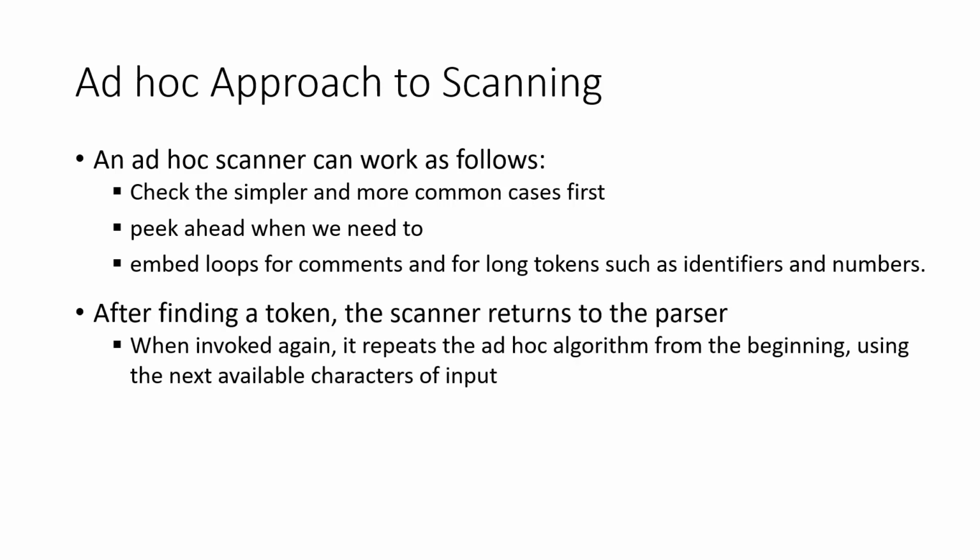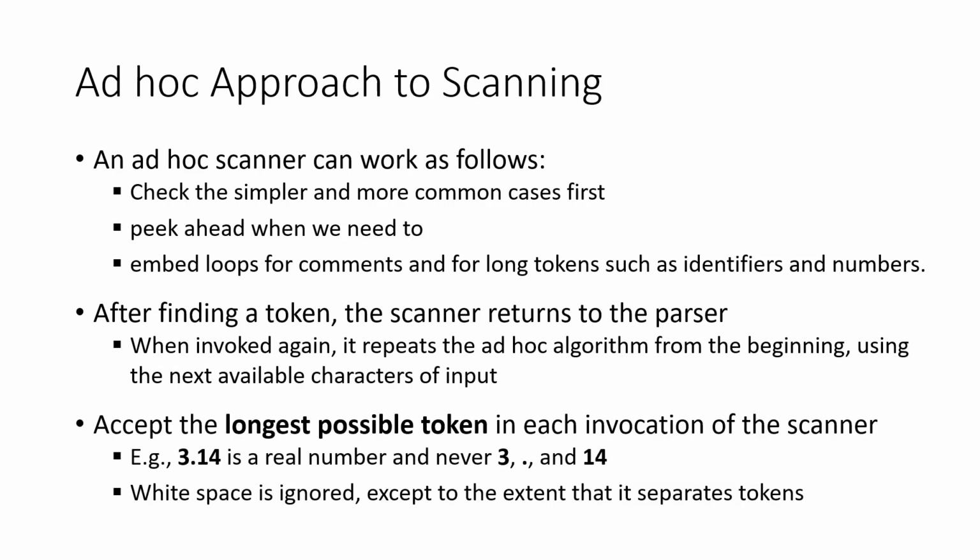After finding a token, the scanner returns to the parser. When invoked again, the scanner repeats the ad hoc algorithm from the beginning, using the next available characters of input, including any characters that were peeked at but not consumed the last time.